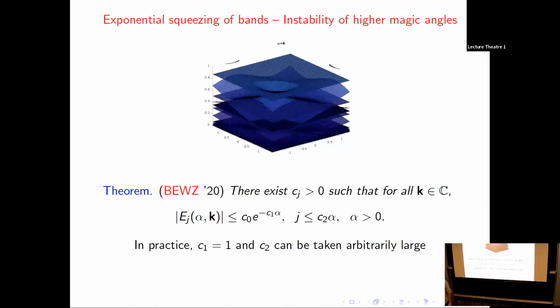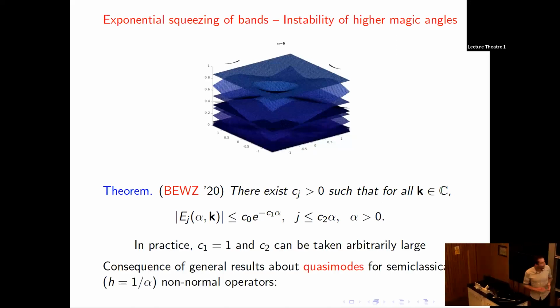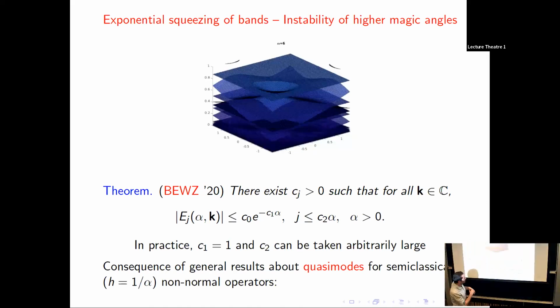This uses ideas that go back to the solvability of PDEs. It's related to quasi-modes. The techniques come from the question: if I have a linear PDE with C infinity coefficients, when can I locally solve such a PDE? There, Hörmander developed techniques to construct certain quasi-modes, and that is what enters in this proof.